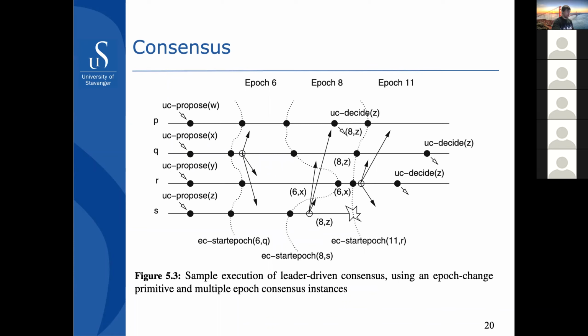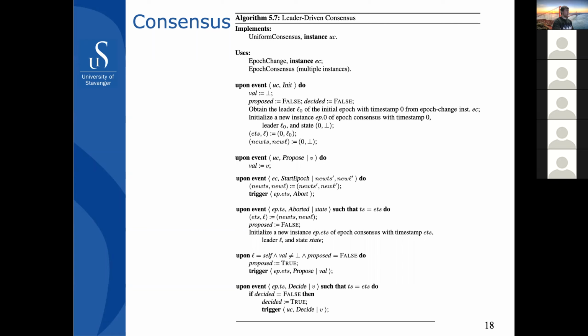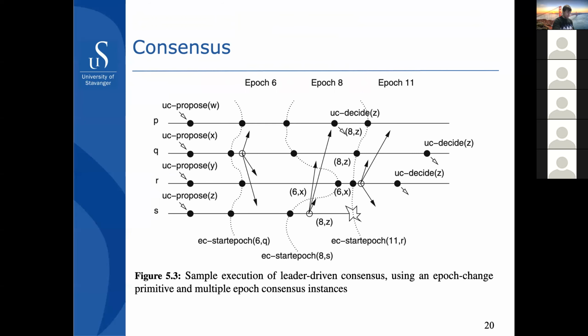And again, we have the ranking between the processes, and maybe that was what confused me here, because they didn't write this ranking in the pseudocode here, but it works in such a way that, for example, in epoch 6, this ranking function turns out that the process Q is the leader for that round, epoch.